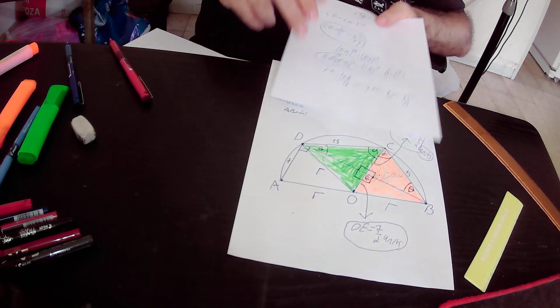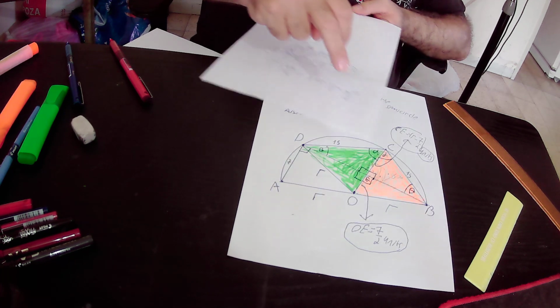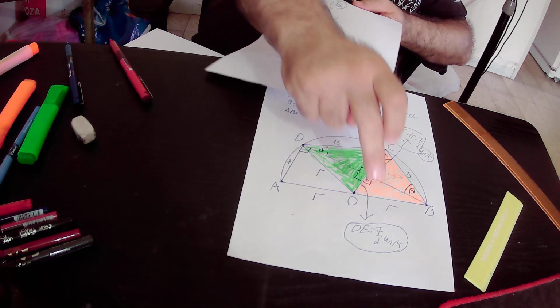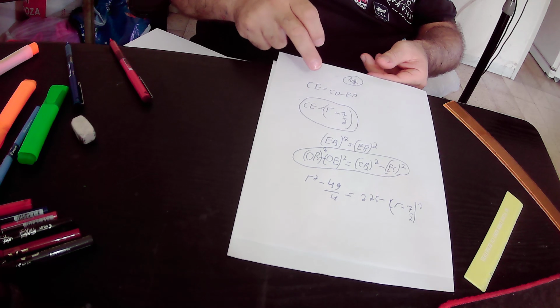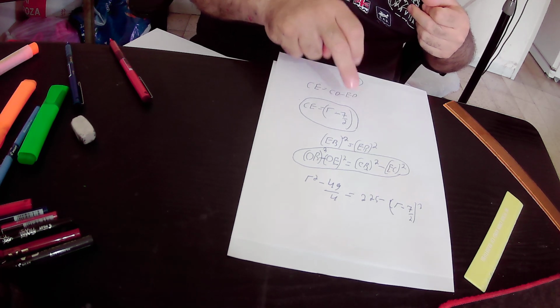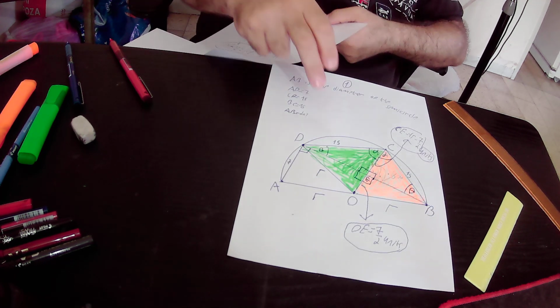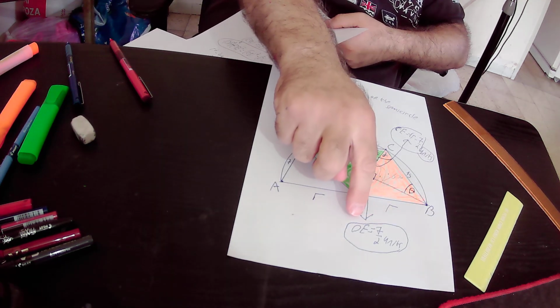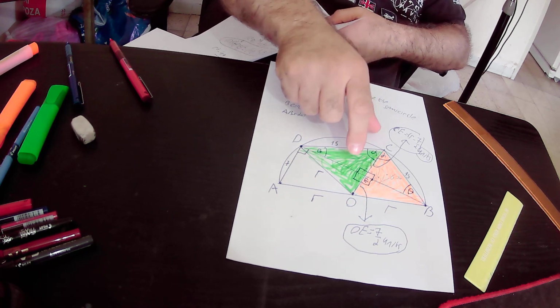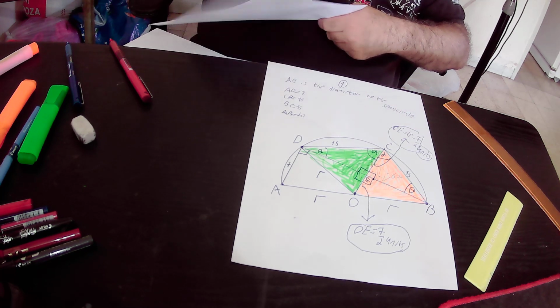We know that CO is the radius of the semicircle, so it equals R, and OE we already found out equals 7 over 2. So CE equals CO, that is R, minus OE, that is 7 over 2. CE equals R minus 7 over 2 units.